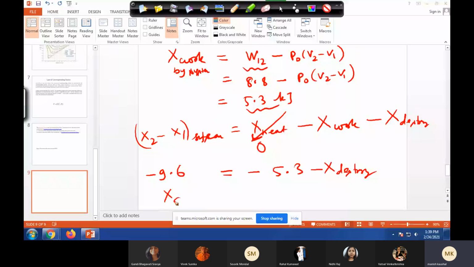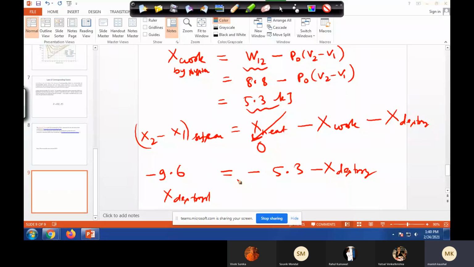So X destroyed will be 9.6 minus 5.3, I guess. I'll just check the final answer so that there is no mistake. Yes, 9.6 minus 5.3, which comes out to 4.3, which is correct.